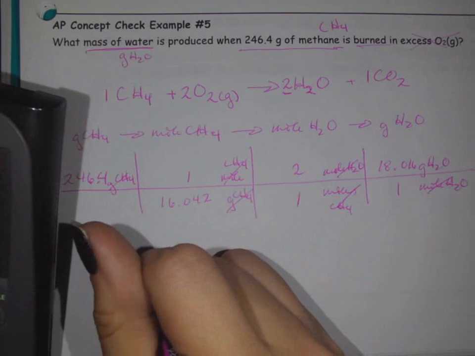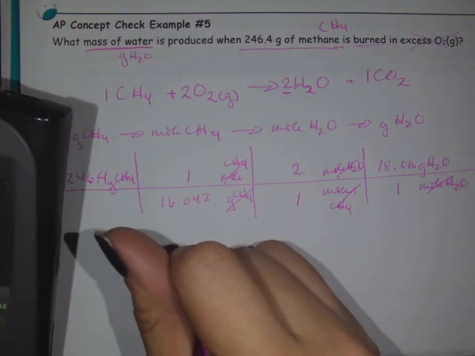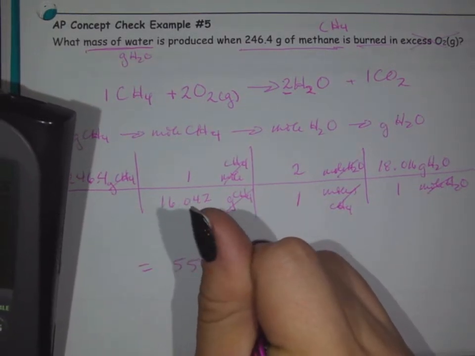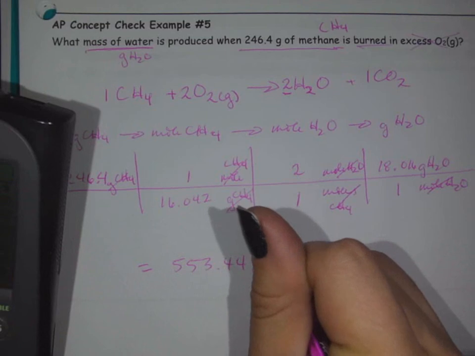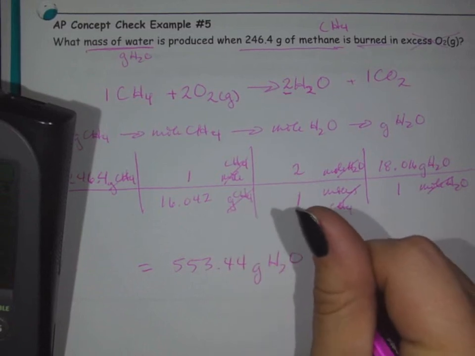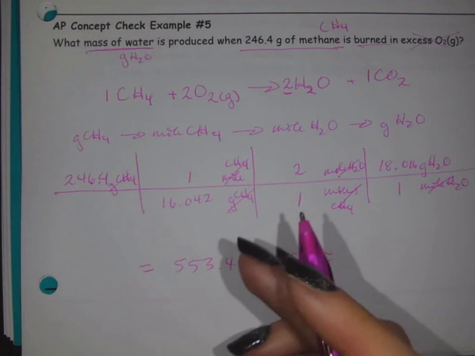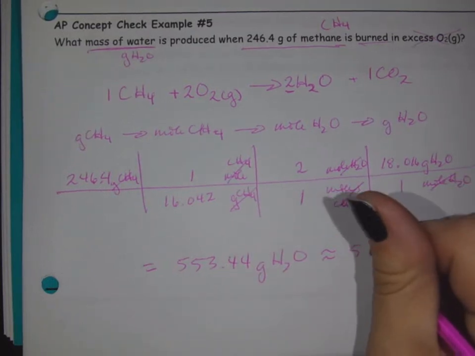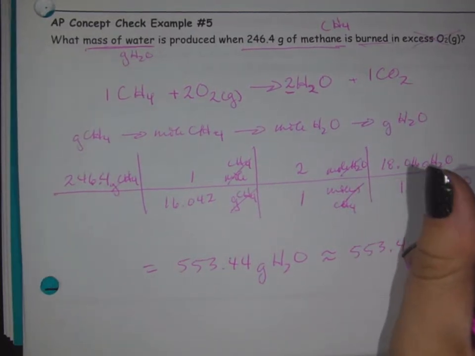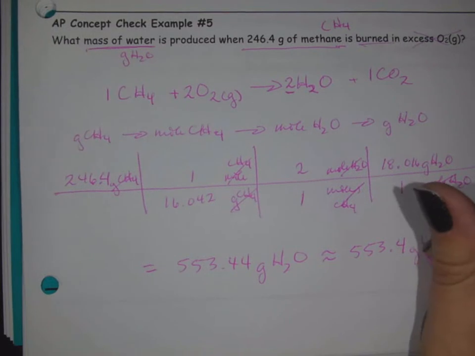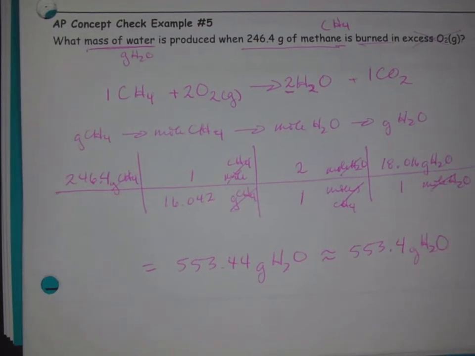So our final answer without sig figs is 553.44 grams of water. Now, what am I starting with? 1, 2, 3, 4 significant figures. So 1, 2, 3, 4 significant figures. That's what I'm going to end with.